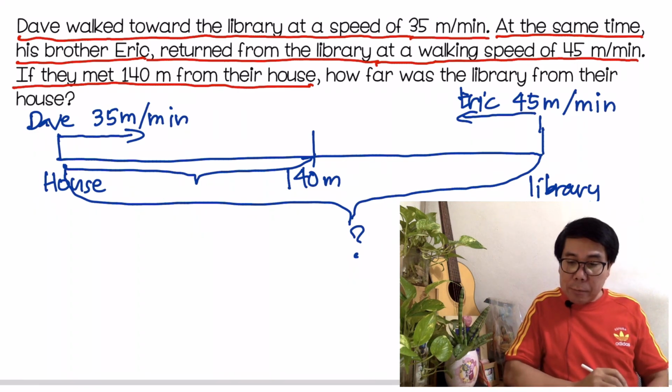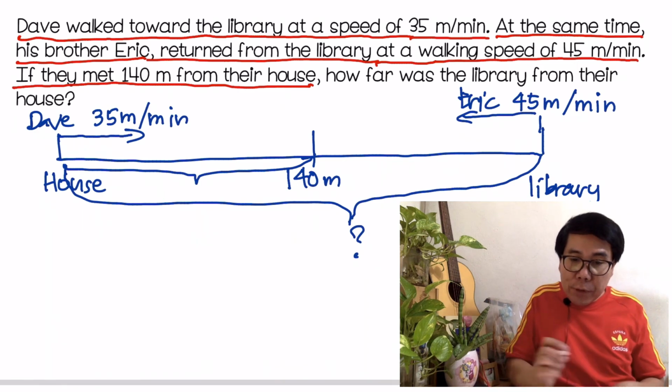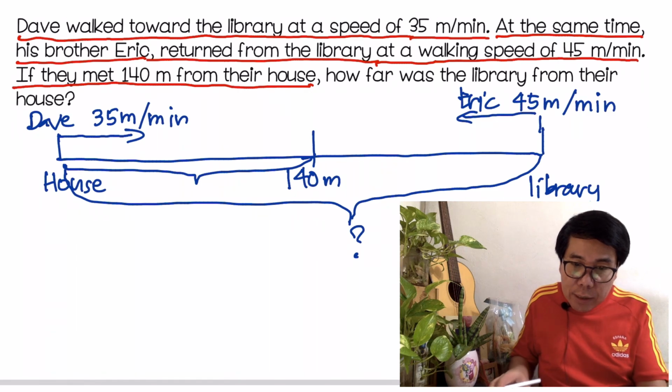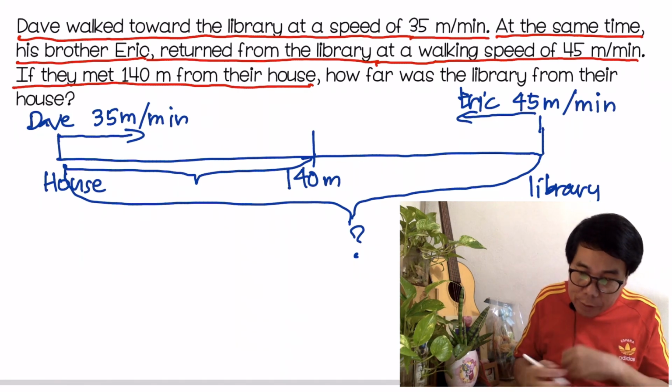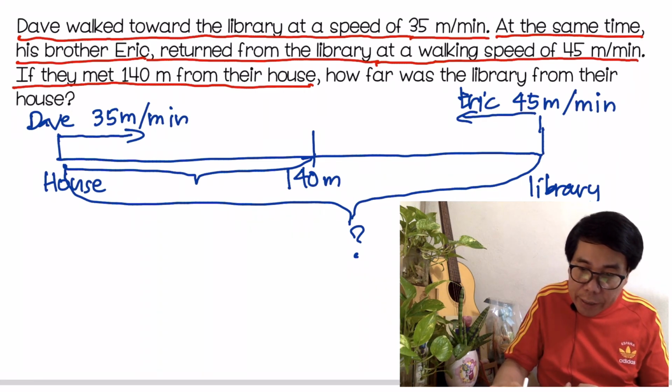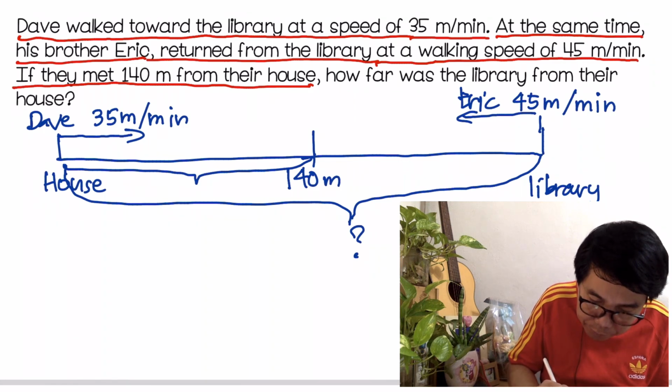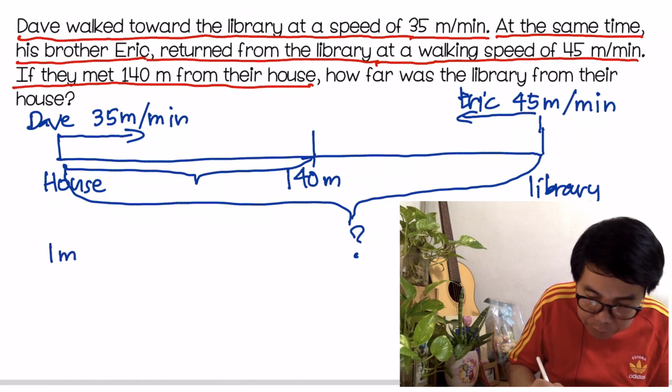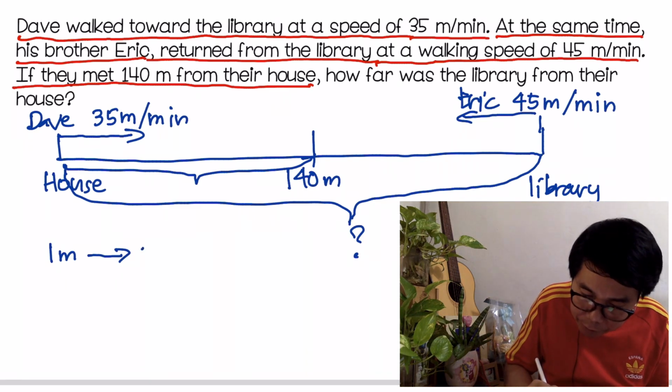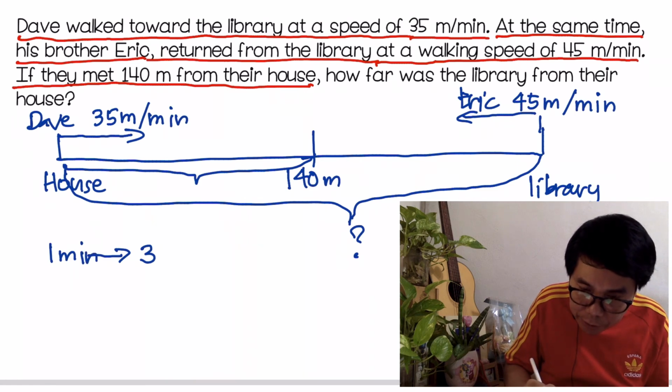Now, the first thing that we have to do is simplify the time. So 1 minute is 35 meters.